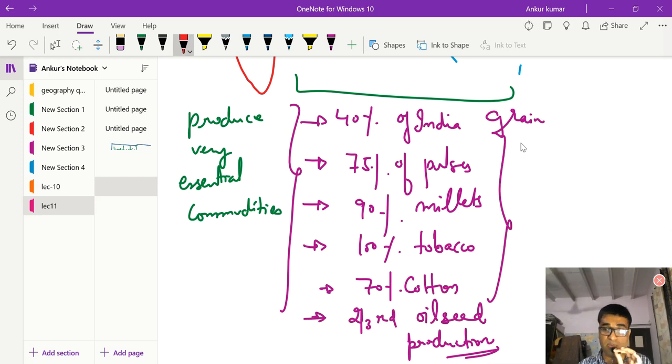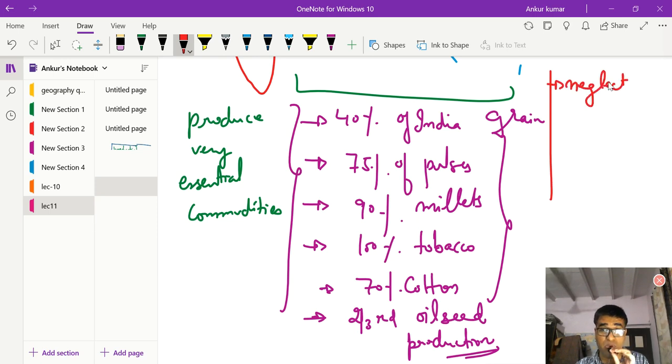So this region simply cannot be ignored and cannot be left to the vagaries of nature. So what is the solution? What is the problem? The problem is that this region has been neglected.